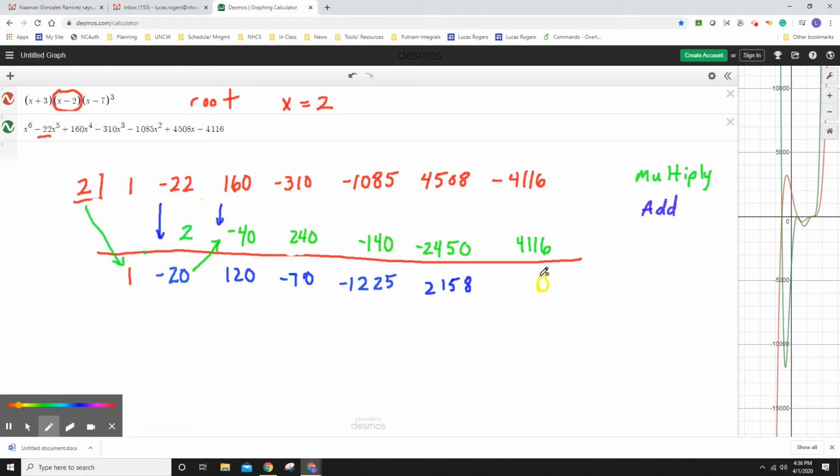All right, so let's put that in orange. Now this 0 is a good thing. It means that the remainder to the division is 0. And if you remember anything about division, that means that it goes in evenly.